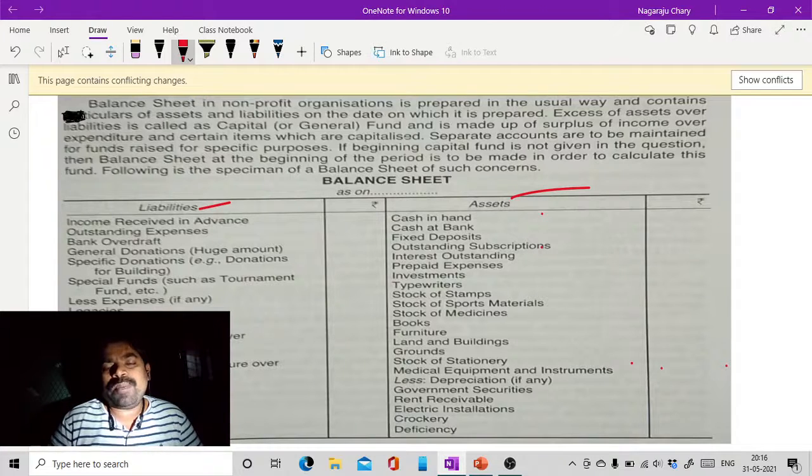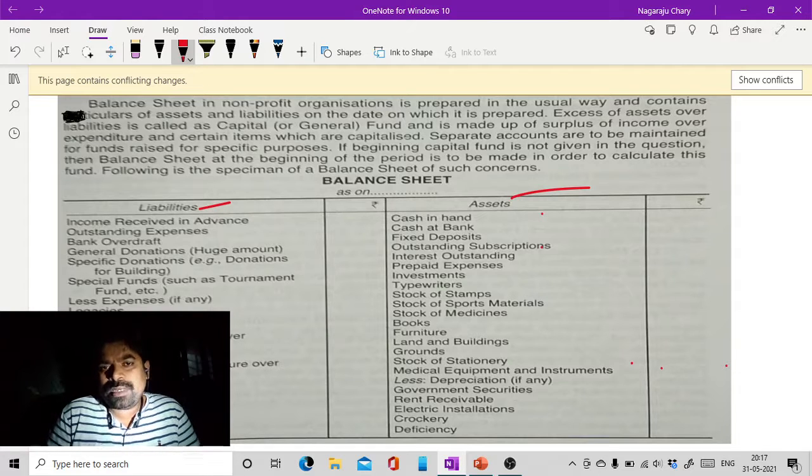In the balance sheet we have one special thing. Instead of saying capital, here we have to say capital fund. Why we say capital fund is because the fund has been collected from various people like members, non-members, government and agencies.